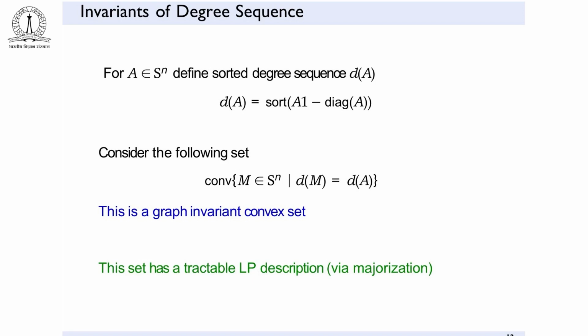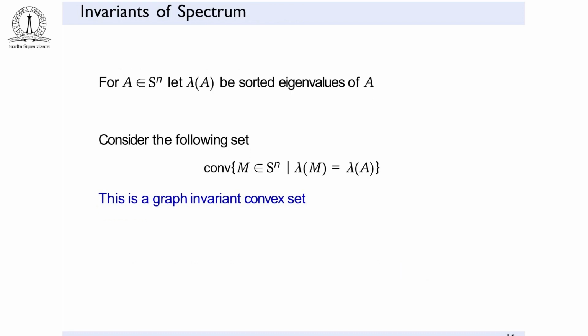And what's interesting is not only is the set a convex set, but it actually has a tractable description using linear programming. So that's actually important if we want to use this set in the context of an actual convex relaxation that we would want to solve, right? Like we saw a few slides ago, writing down a convex set is not the difficult part. It's writing down a tractable convex set that's difficult. And this one actually has a tractable LP description.